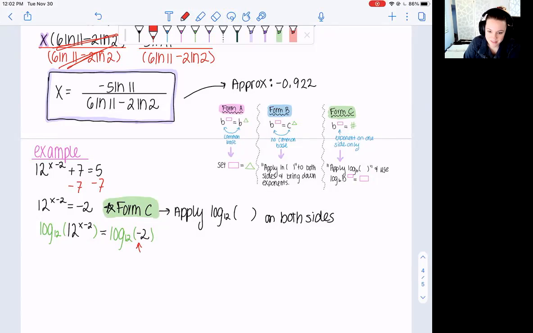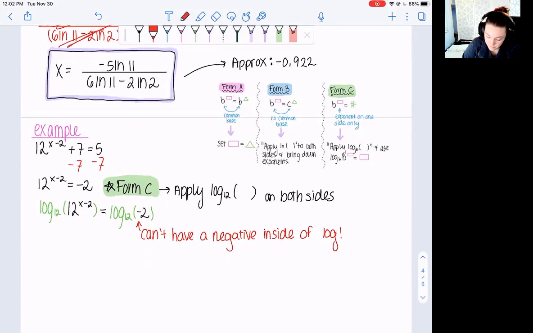This has no solution. No solution for that one.